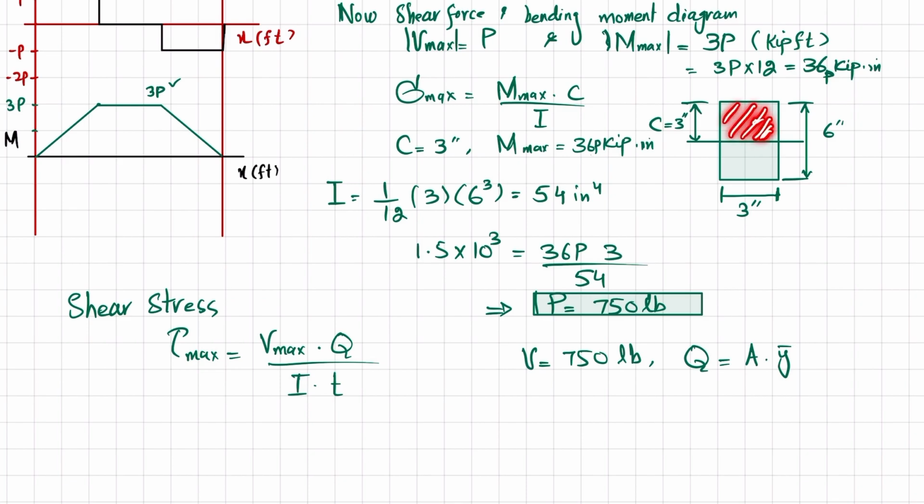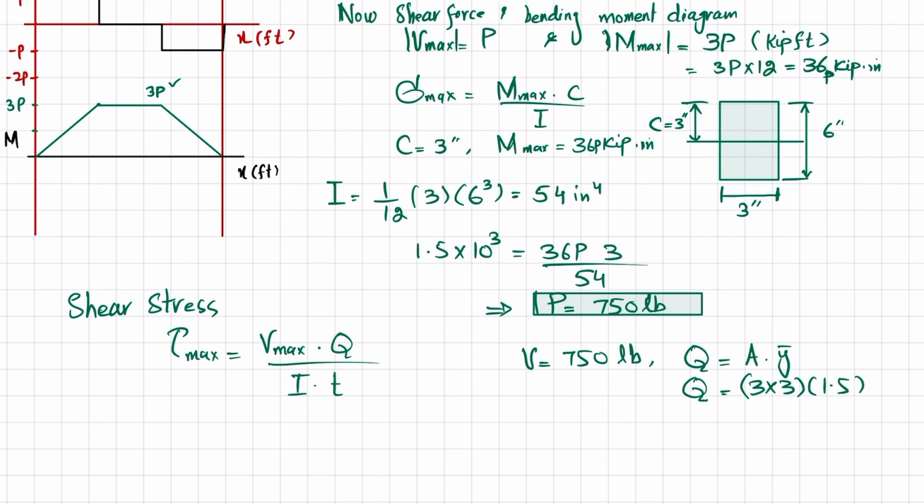So this distance is 3 and this is also 3. So 3 multiplied by 3, which is equal to 9, and its centroid distance from the neutral axis is 1.5, which is 3 divided by 2. So I will write it: area is equal to 3 multiplied by 3 and y dash is 1.5. So this is your Q.